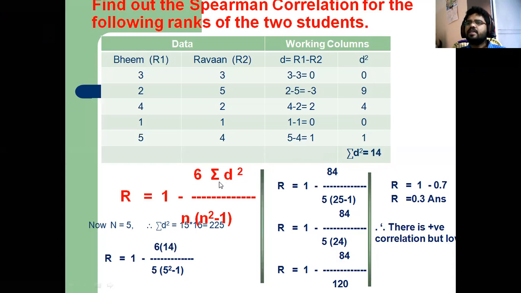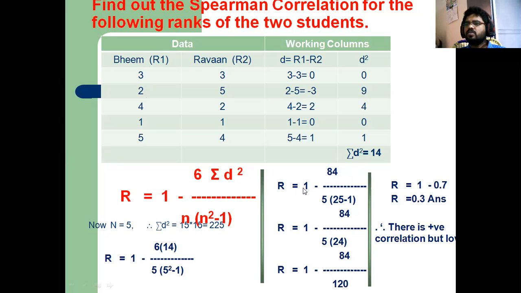Then we can substitute in the formula. See here, r is equal to 1 minus 6. As the summation d square value is 14, 6 into 14. Then divide by n. n is nothing but how many observations we have taken: 1, 2, 3, 4, 5. So 5. Then 5 into 5 square minus 1.